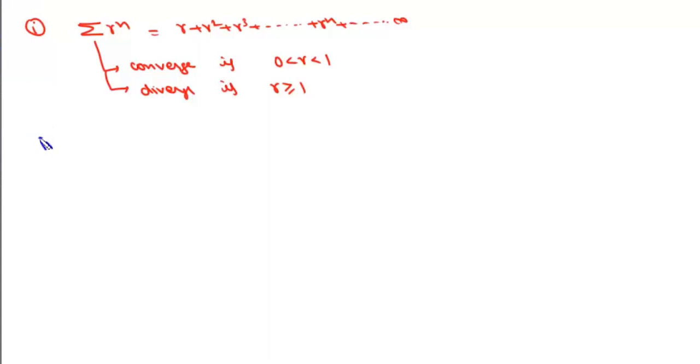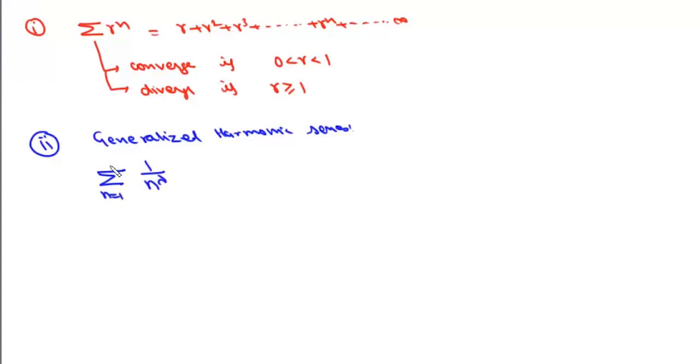And the second important standard series is the lambda series or generalized harmonic series. We can write the series as the summation of 1 upon n to the power lambda, where n varies from 1 to infinity.